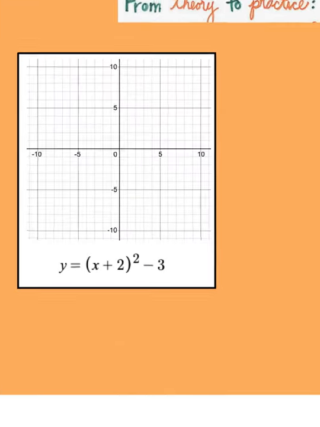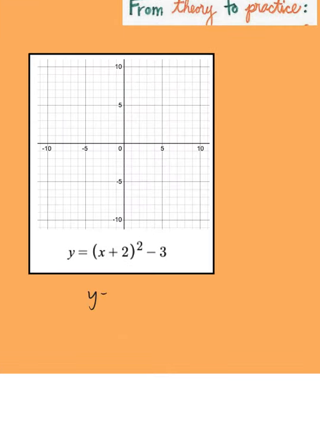So here's another one. This was originally y equals x squared, and again, y equals x squared looked like this originally. And we moved it with this plus 2. That means we moved it 2 units to the left, because a plus is to the left. If I put in negative 2, negative 2 plus 2 is 0. So that's where I would have kept it at 0, just like 0 squared is 0.